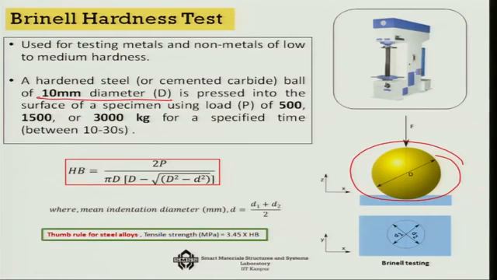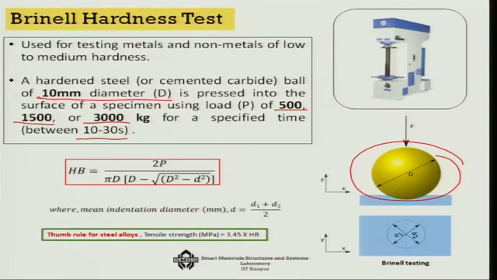It is pressed into the surface of the specimen using a load P of either 500 kg, 1500, or 3000 kg for a specified time, generally between 10 to 30 seconds, minimum 10 seconds up to 30 seconds.